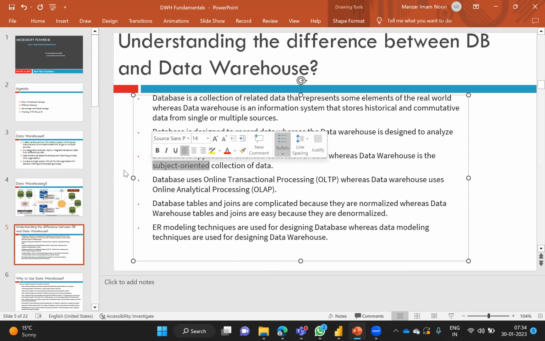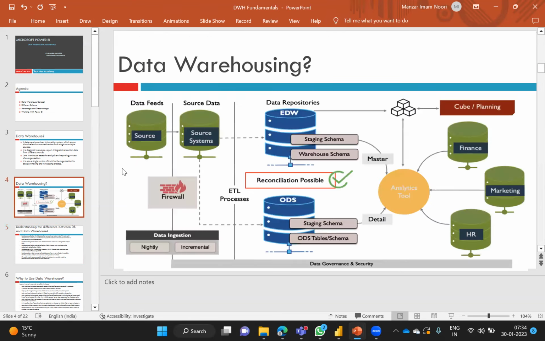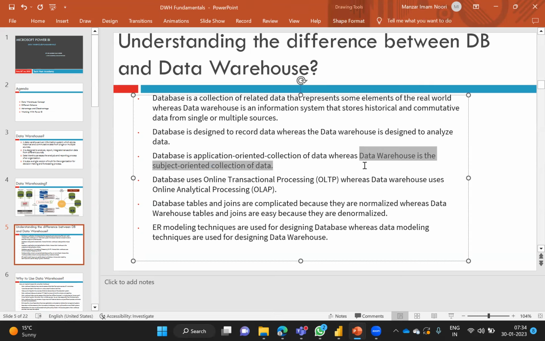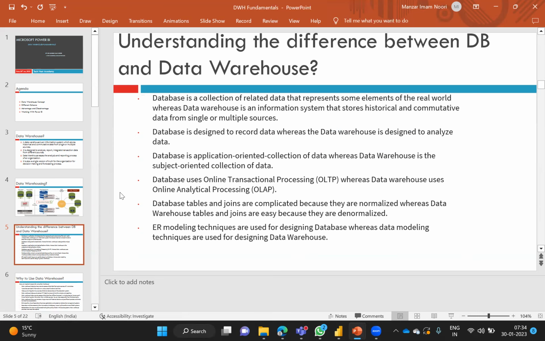We have the data for insurance, for finance, for marketing. For each subject, we have the information stored at one place, right? So that's what subject oriented means in a data warehouse, and in a database, it is application oriented. Okay.